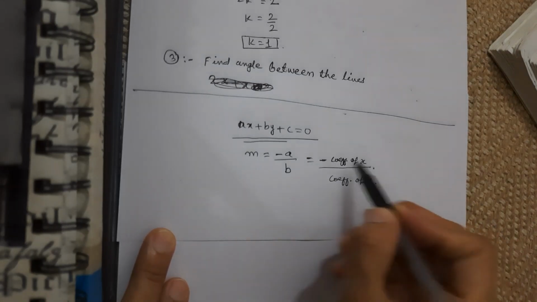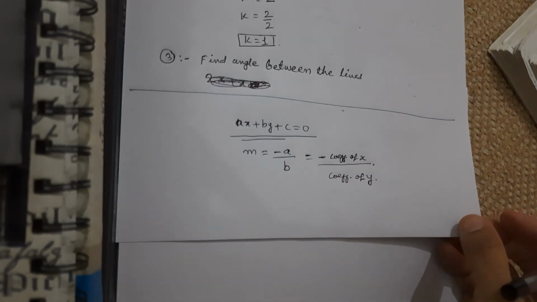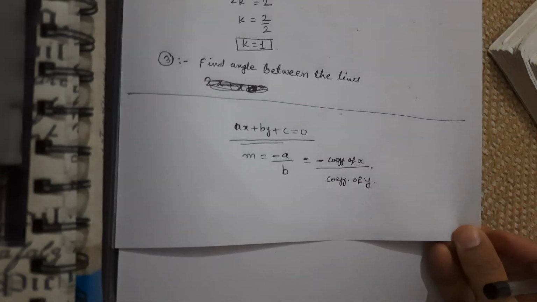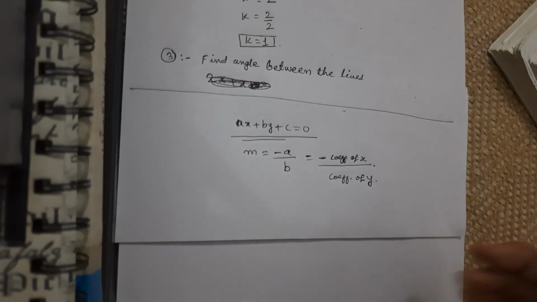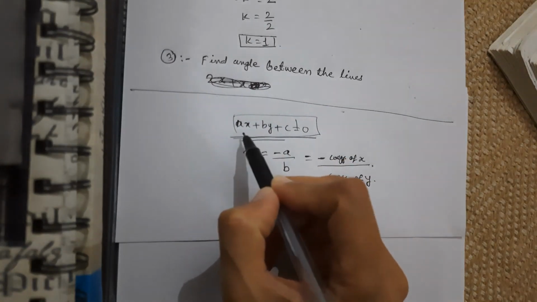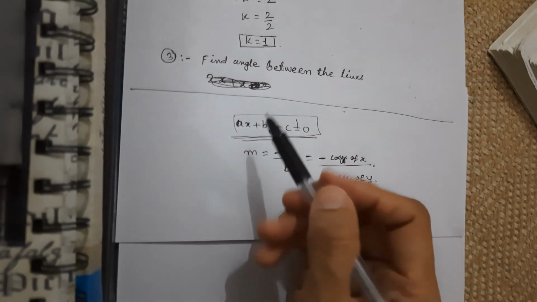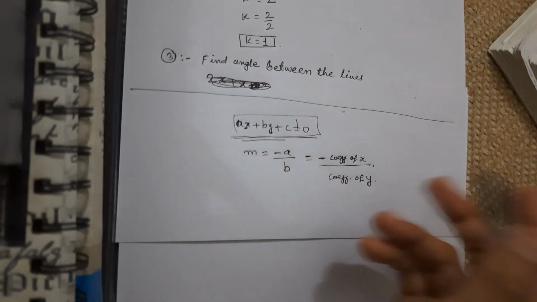You have learned this formula before, or if not, just remember that this is also the formula to calculate slope, but in this case you need the coefficients of x and y in the general form of the straight line.